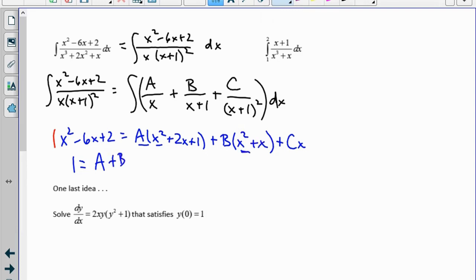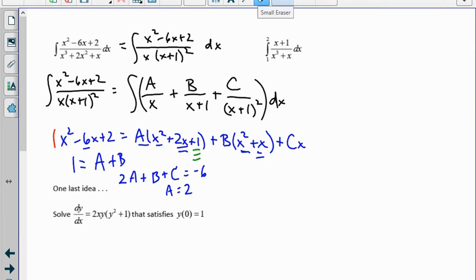So I have 1 equals A plus B. The x terms, I have 2A plus B plus C equals negative 6, because that's what the x terms will end up equaling. And then A equals 2 is the last thing, because there's only one variable that has a constant, and that's A. So I'll take A equals 2.